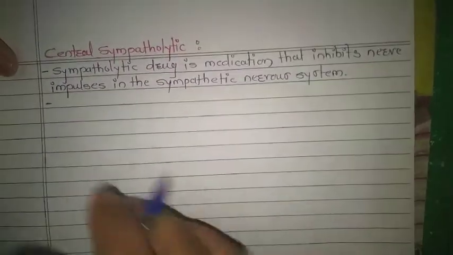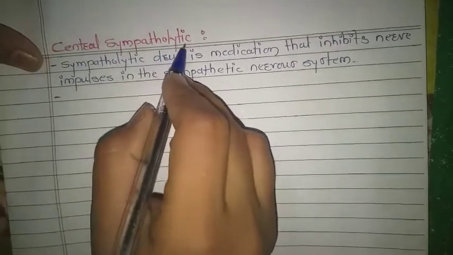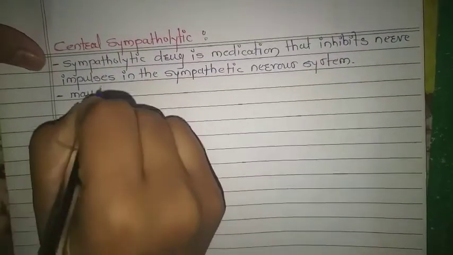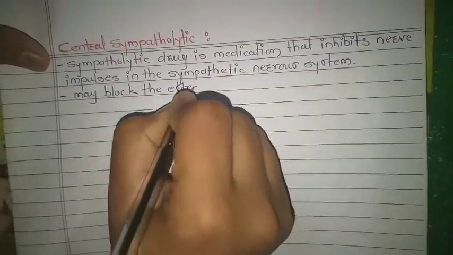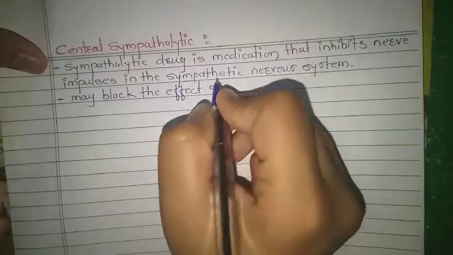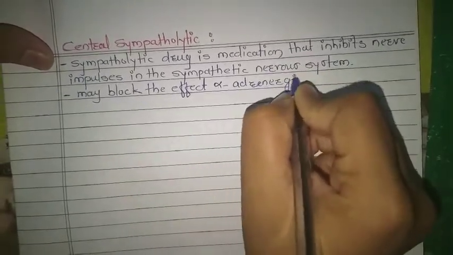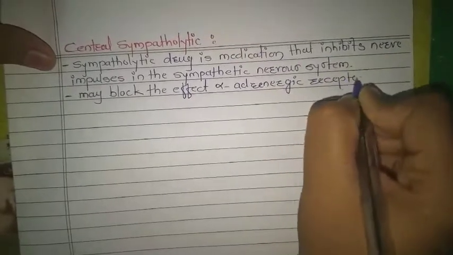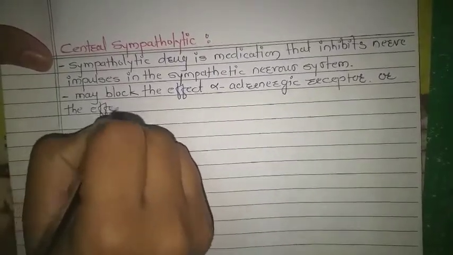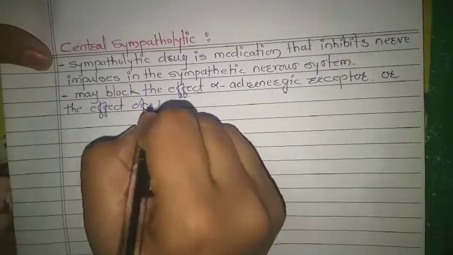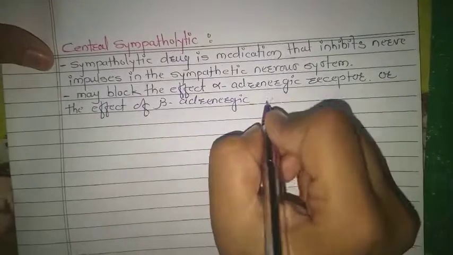Okay. The central sympatholytic drug may block the effect of alpha adrenergic receptor or the effect of beta adrenergic receptor.